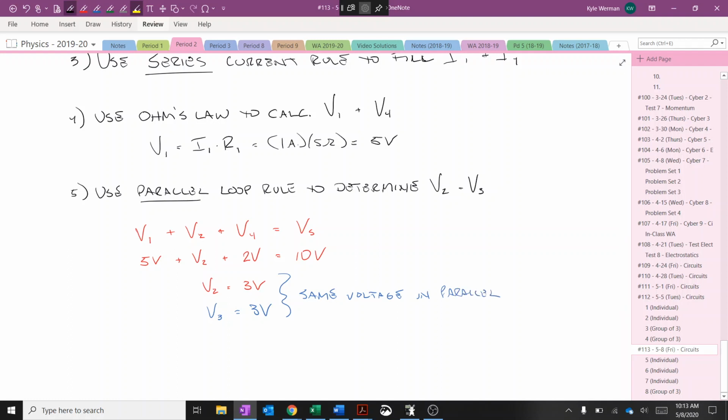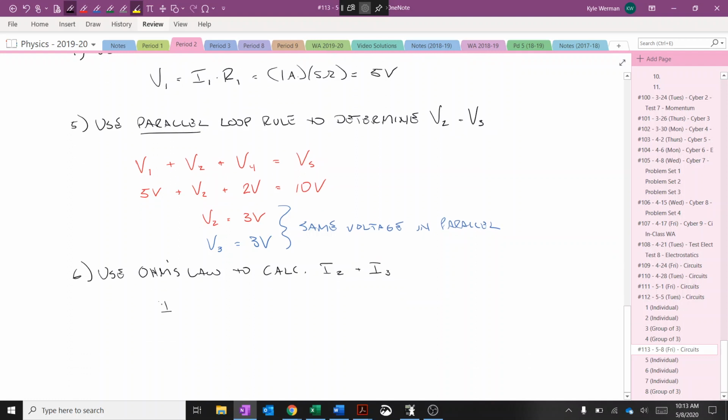And so my last step is to use Ohm's law to calculate I2 and I3. And so I2 better be equal to the voltage across 2 over the resistance of 2. We know the voltage across 2 is 3 volts. The resistance of that one is 4 ohms.